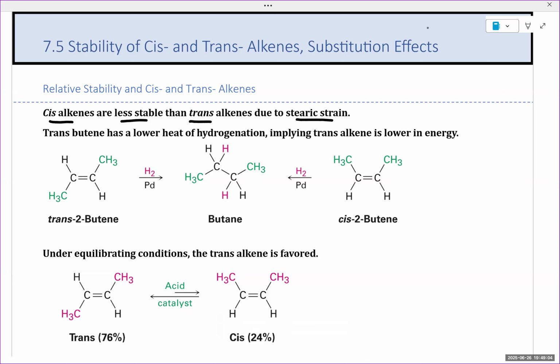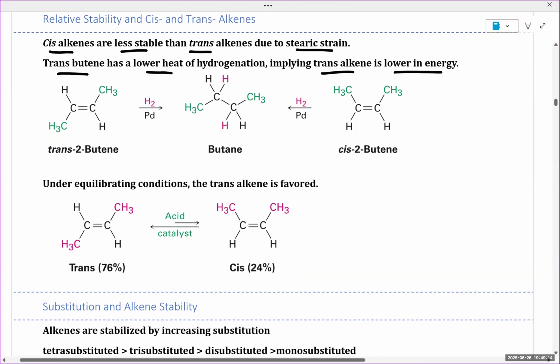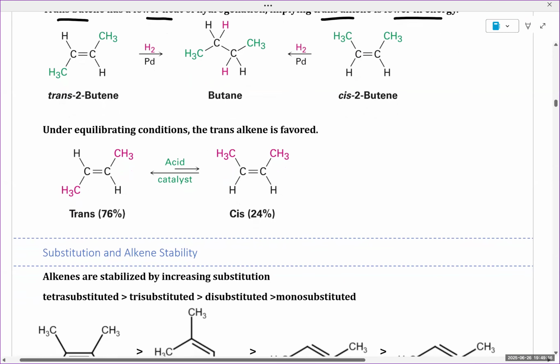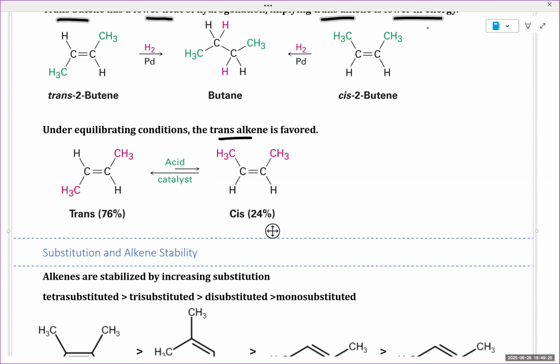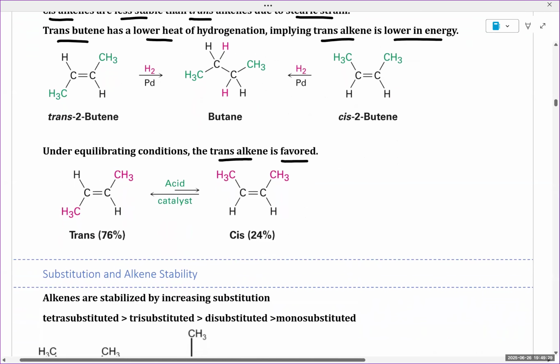This is evidenced by the fact that trans-butene has a lower heat of hydrogenation, implying the trans alkene is lower in energy. In many cases, if you have an equilibrating reaction where the cis and trans alkene can interconvert, the lower energy, more stable trans alkene is favored.